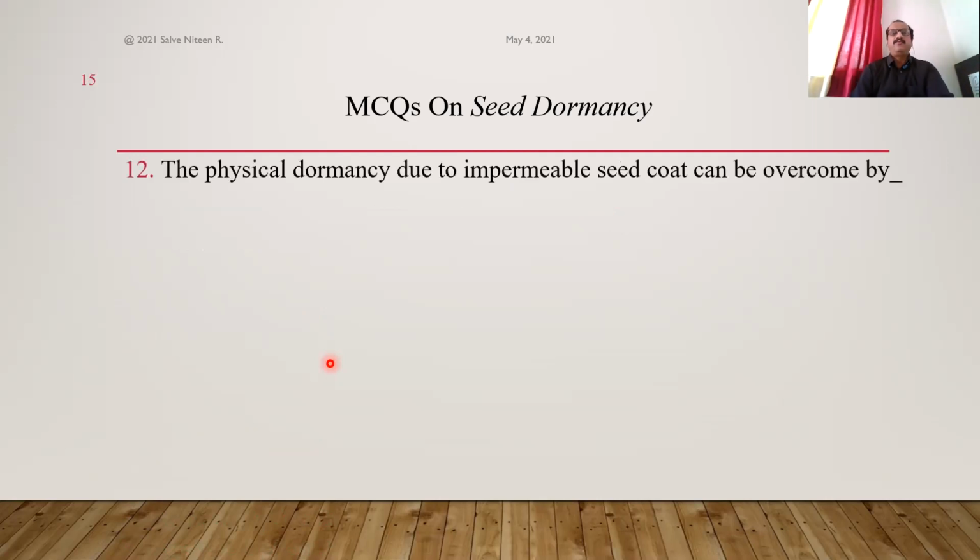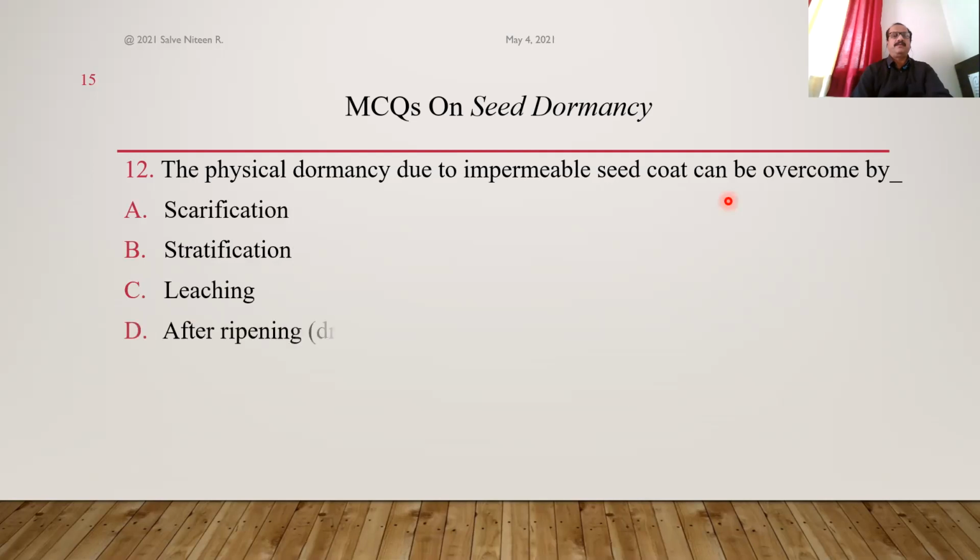Next one. The physical dormancy, type of exogenous dormancy due to impermeable seed coat, can be overcome, or broken down, by which method? Scarification, stratification, leaching, after ripening. So here your answer is scarification. Physical dormancy can be broken down by scarification.